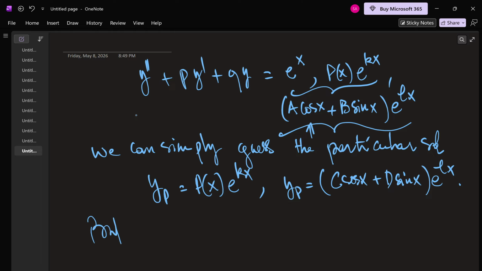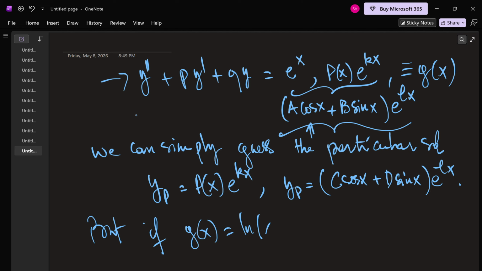But the problem happens if the function g of x is something weird, like for example ln x, or 1 over cosine x squared, or something unusual, for example a combination like sin x over ln x plus 1.